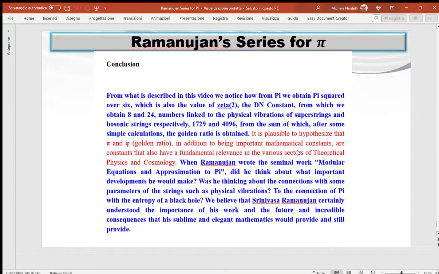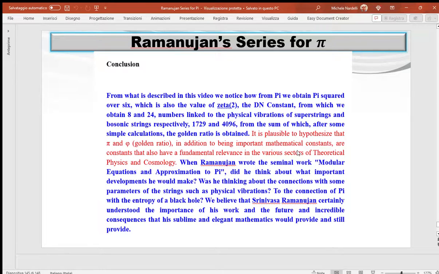Now, from what is described in this video, we notice how from pi we obtain pi squared over 6, which is also the value of zeta 2, a value of the Riemann zeta function.